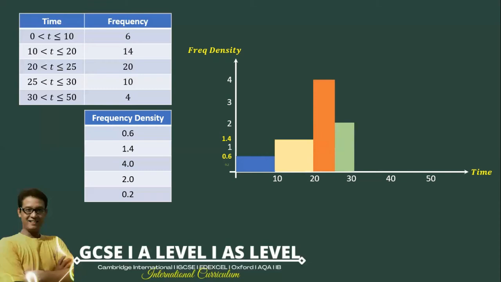That's very clear, right? So this is the bar chart of the frequency density versus time. Is it clear, everyone? Okay, students, now we go to the next.